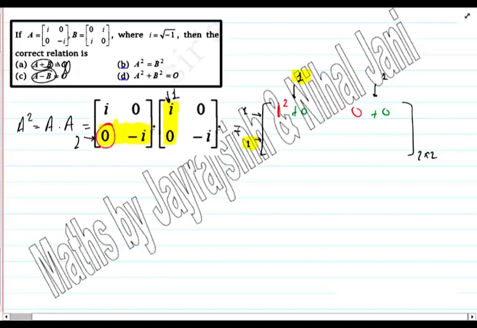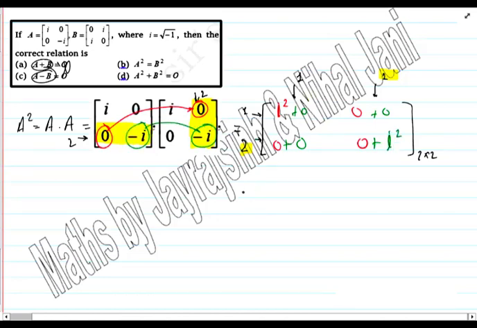So let's multiply 0 with i, which gives us 0, plus minus i into 0 is 0. The last element is in the second row and second column. So let's multiply and get minus i into minus i, which is i square, right? So finally we will get i square, which is actually minus 1, then 0, 0, and again i square is minus 1. So here we get A square.